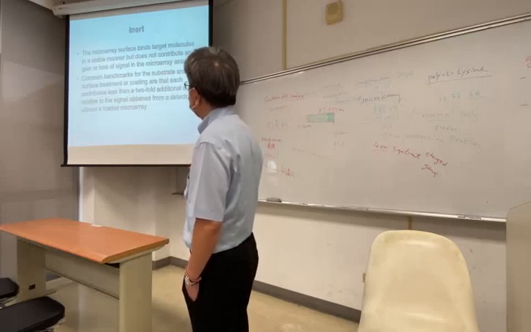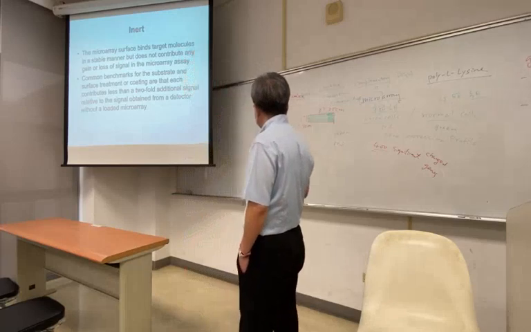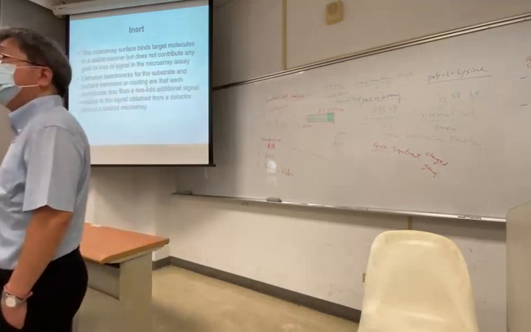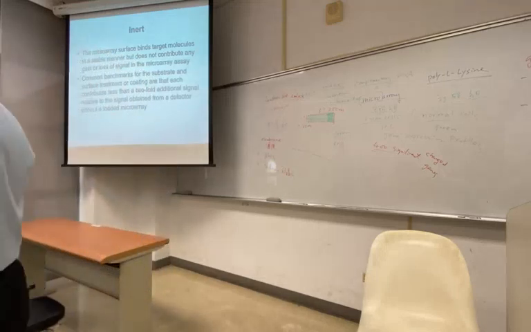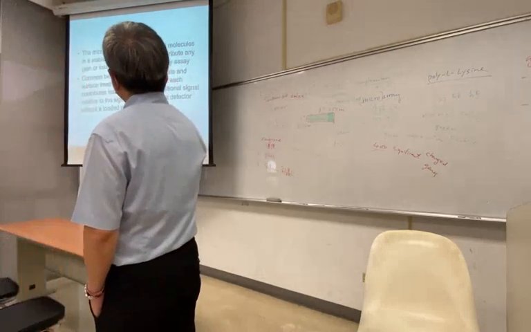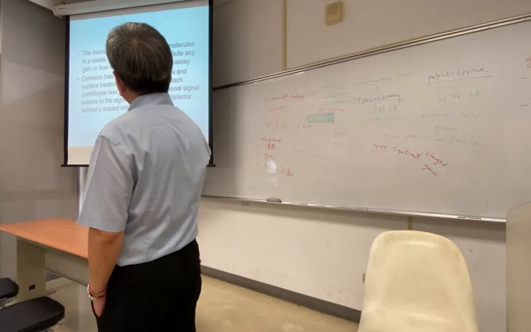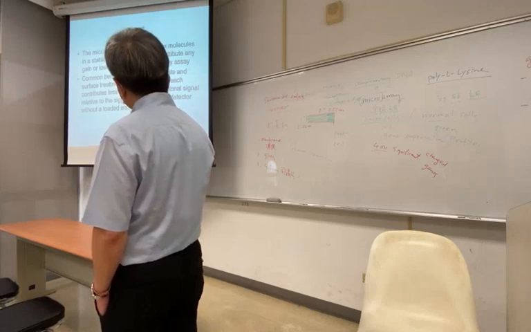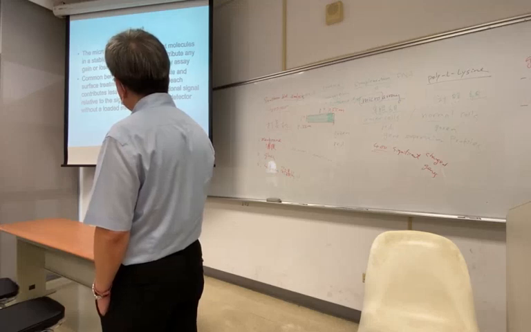The substrate you use should not have autofluorescence or react with the DNA itself. So the definition is the microarray surface binds target molecules in a stable manner, but does not contribute any gain or loss of signal.